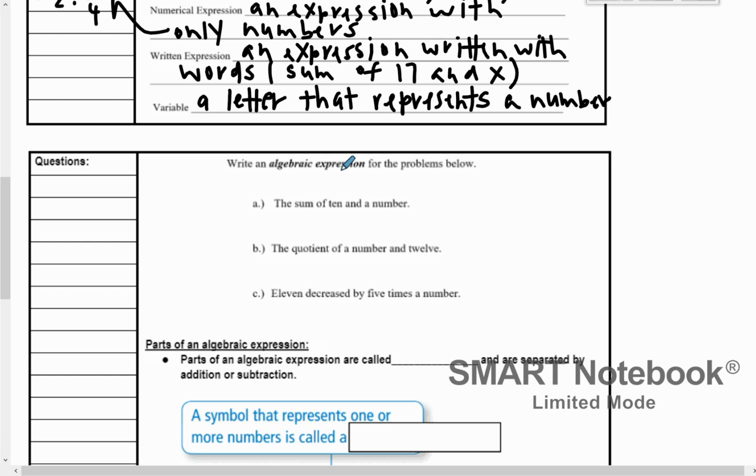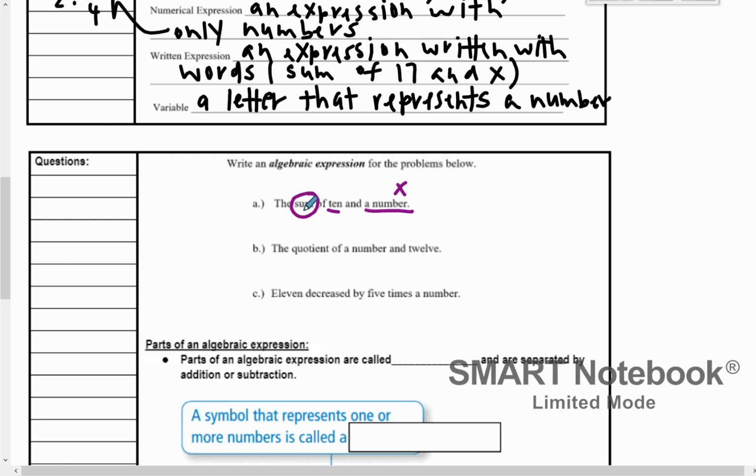So the sum, so our key word here is sum of 10 and a number that we don't know. So the most common variable that we use, the most common letter we use with algebra is x. So we want to know the sum of 10 and x. Now we can't solve that because we don't know what x is equal to. We are just writing an expression.